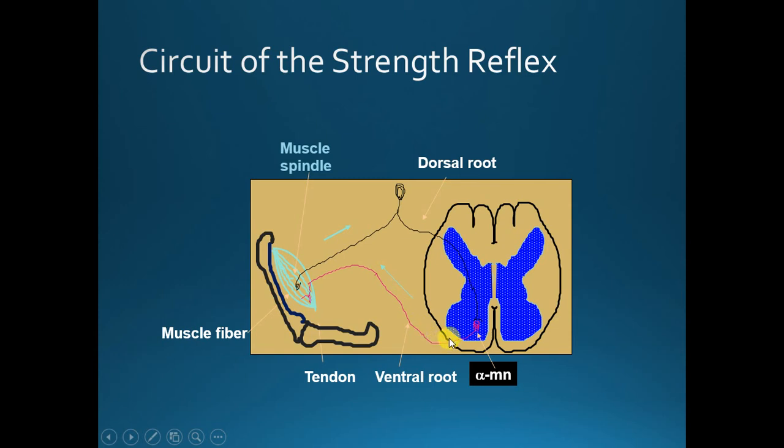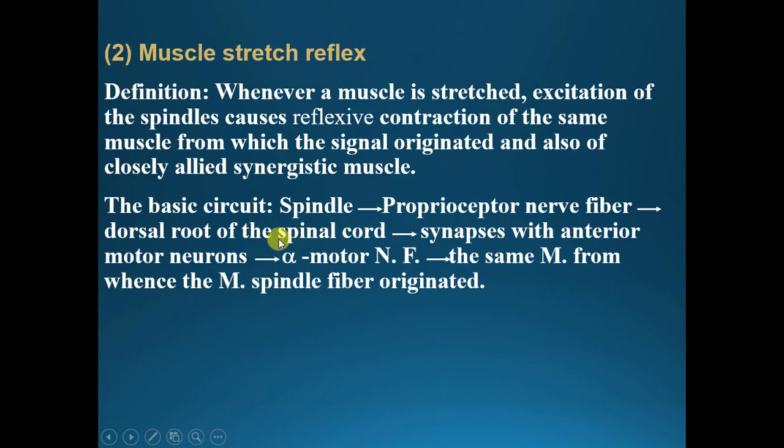The pink line is the motor neuron to the ventral root, the alpha motor neuron, and the black line is the sensory neuron of the muscle stretch reflex to the dorsal root, in sequence: spindle, proprioceptor nerve fiber, dorsal root of the spinal cord, synapse with anterior motor neurons to the alpha motor neuron of the same muscle from which the spindle fibers originate.